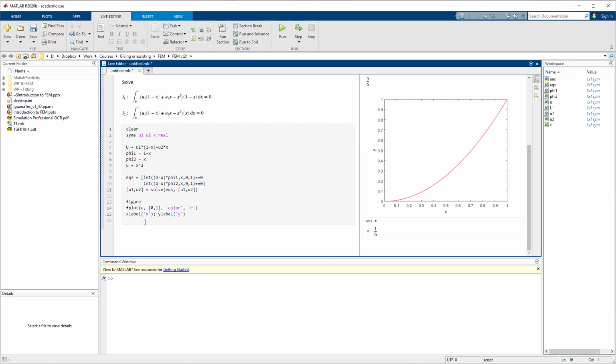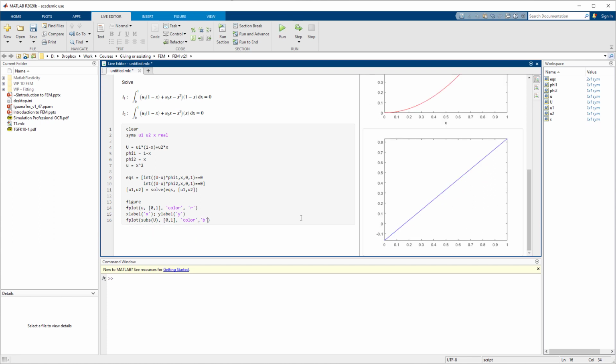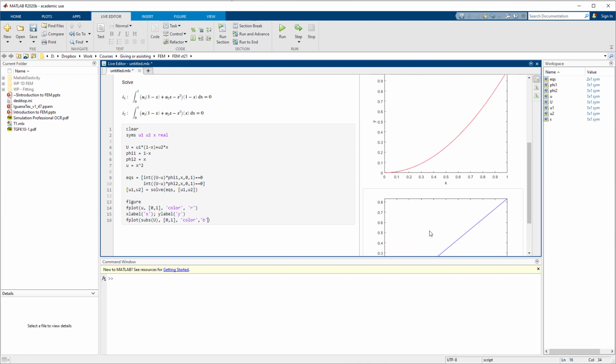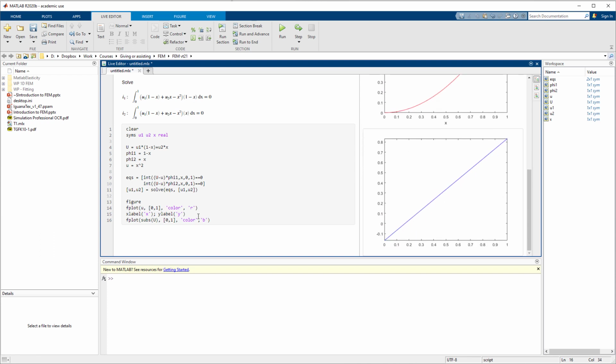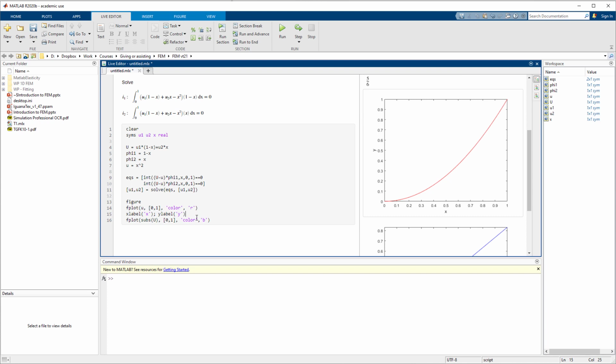If I just do fplot and subs U like so, from 0 to 1, it's going to actually override my old graph. Color blue. In this case, if I use the live script, it's going to create another graph, and I don't want that. I want it to put one above the other.